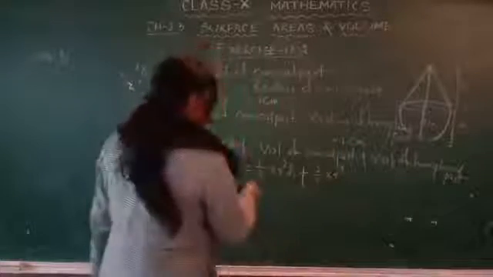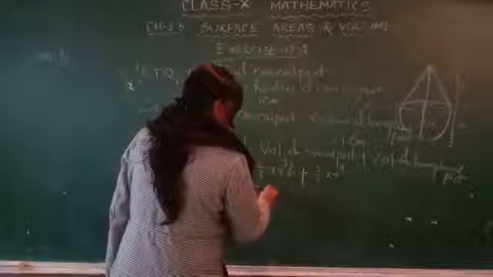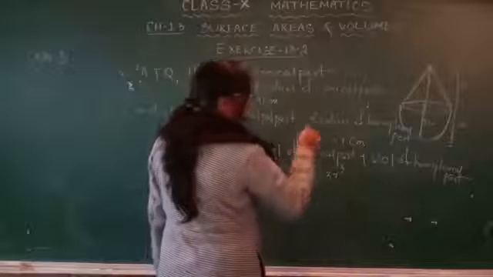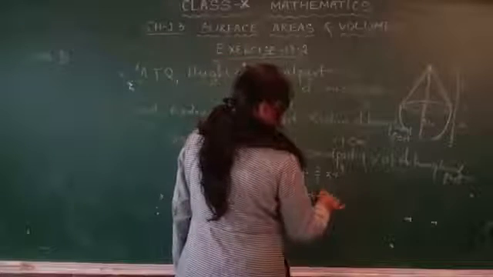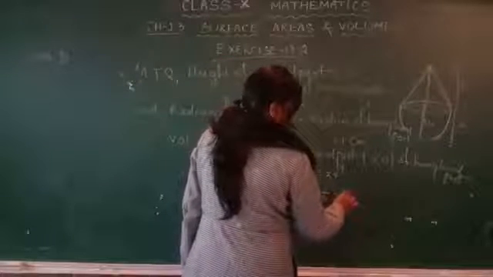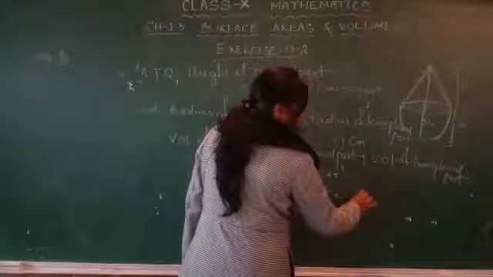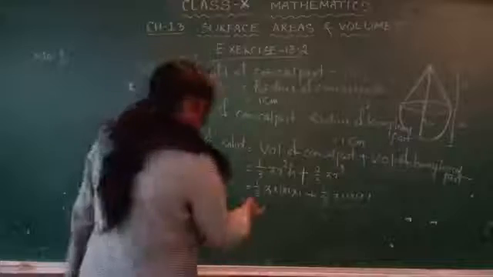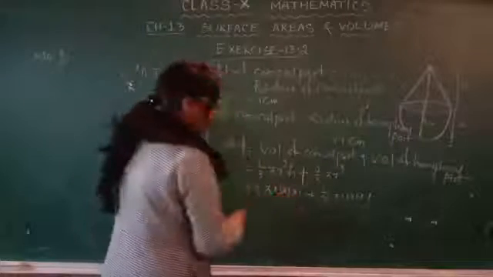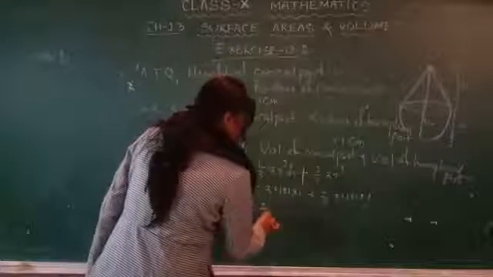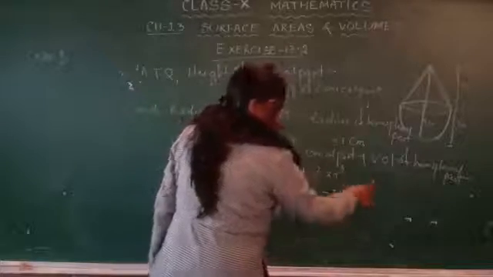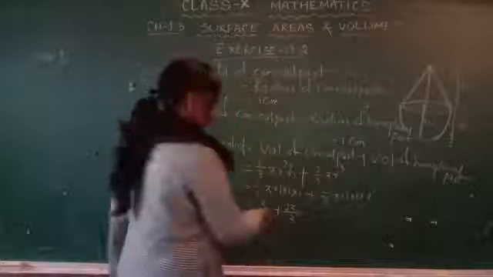So that is equal to 1 upon 3 pi into r is 1 into 1 into h is also 1, plus 2 upon 3 pi into 1 into 1 into 1. So that is equal to how much? So that is 1 into 1, that is 1. So it is pi upon 3 plus 2 pi upon 3, because 1 into 1 into 1 is also 1.